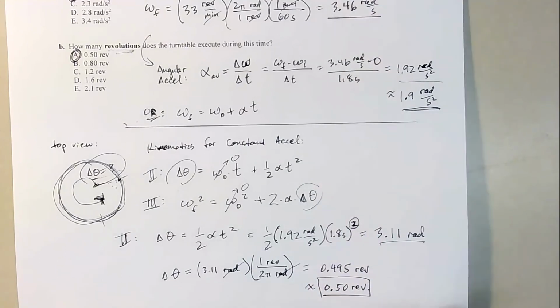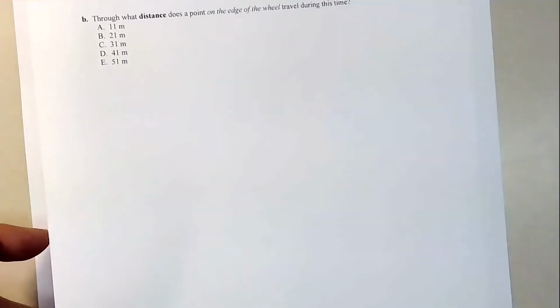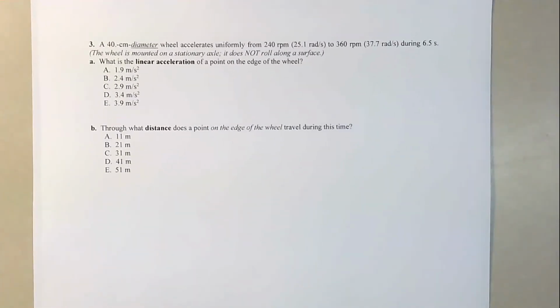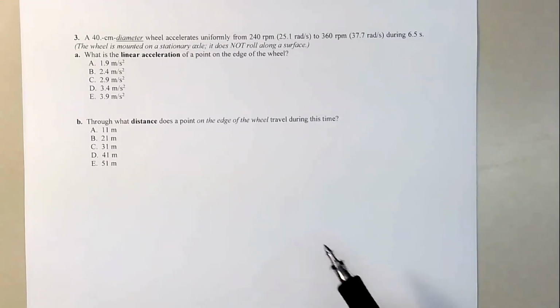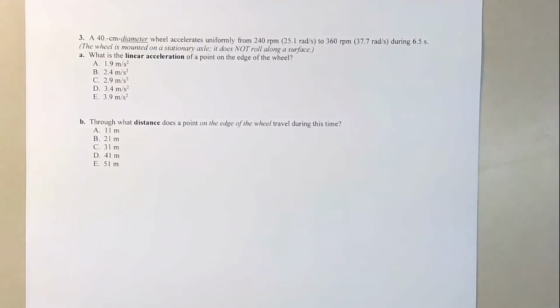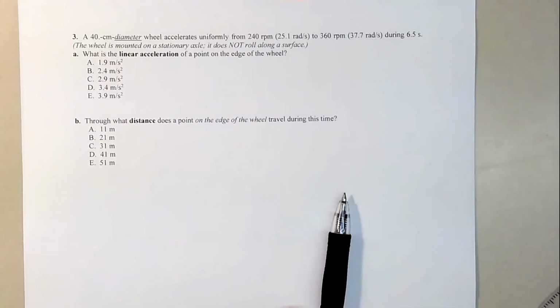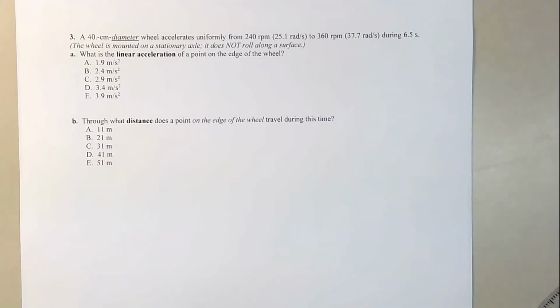Okay, let's take one more example problem. Let's take a look at example problem number 3. Suppose that we have a wheel with a diameter of 40 centimeters. Now, I usually don't give diameters in my problems. I usually give radius because that's one of the values that's the easiest to overlook and forget that it's a diameter instead of a radius.